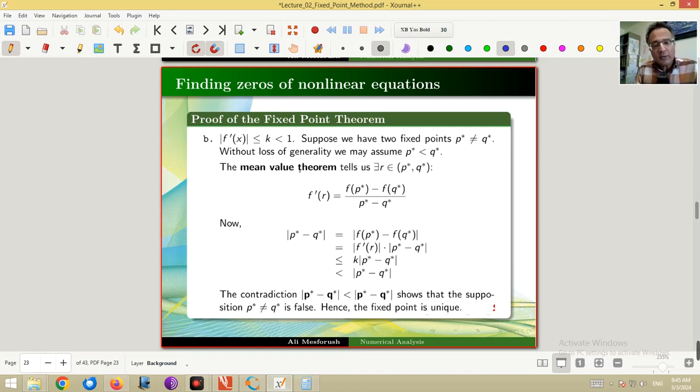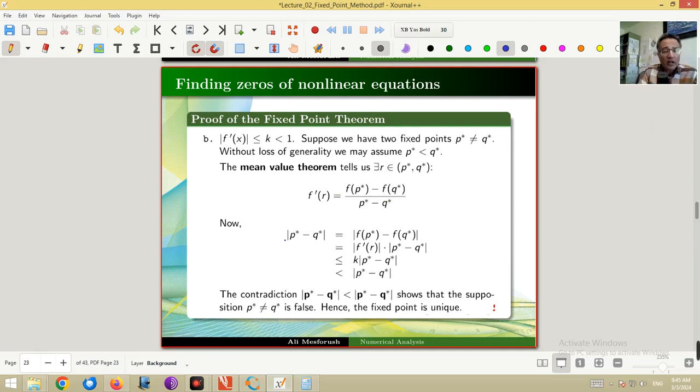The mean value theorem tells us there exists an r in the interval between p star and q star such that f prime of r equals f of p star minus f of q star divided by p star minus q star. Okay?